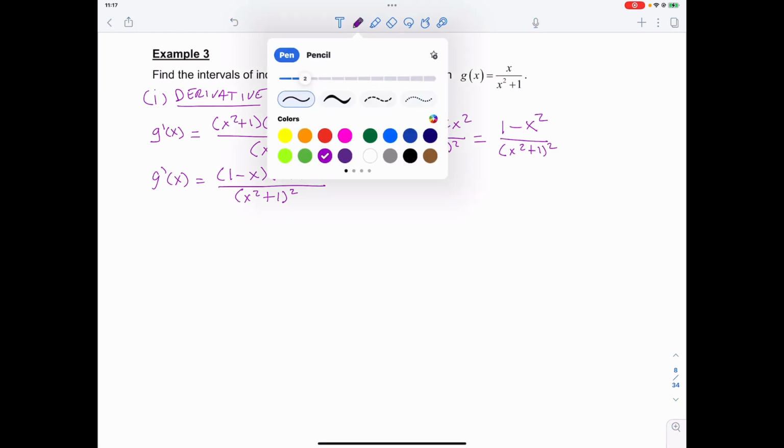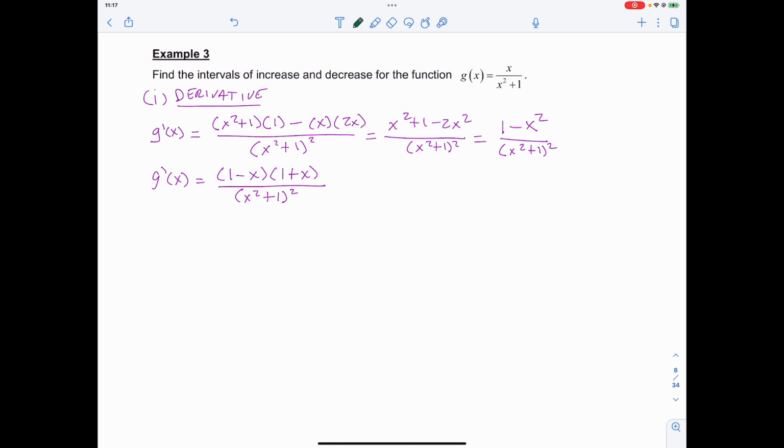Then we're moving on to step 2, our roots. Remember that we're doing our roots from our numerator, and from our denominator.